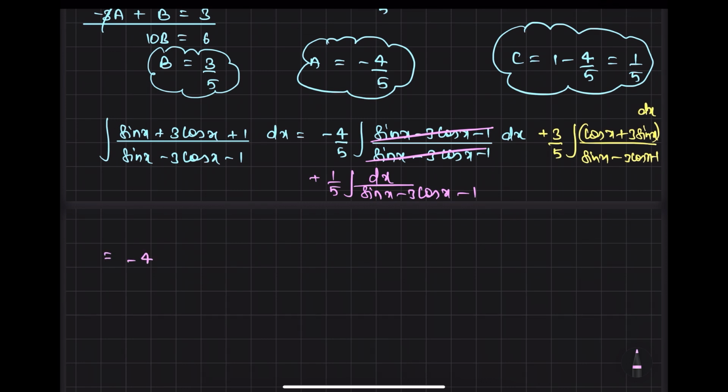It is minus 4 by 5 times the integral of 1 dx, which becomes x, plus 3 by 5 times, taking the denominator as z so that the numerator becomes the differentiation of the denominator, log of sin x minus 3 cos x minus 1, and then we have 1 by 5. This part is crucial. You know that the denominator is sin x minus 3 cos x minus 1.